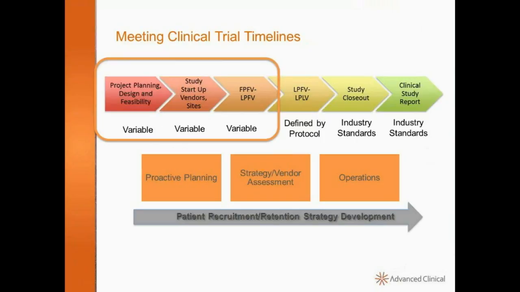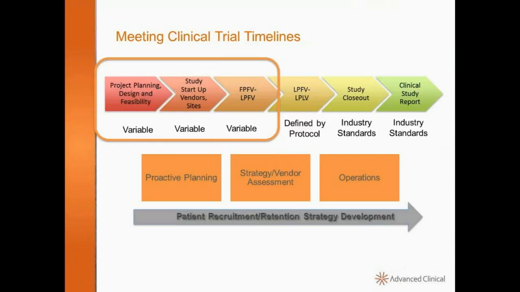So given the stakeholder environments and what would be considered as non-negotiables for the overall trial timelines, how can we optimize the timelines to impact some of those industry statistics that we all live and breathe? One of the key areas is focusing on what we can change, being at the front end, the project planning, designing studies that are taking into account all of the stakeholders.